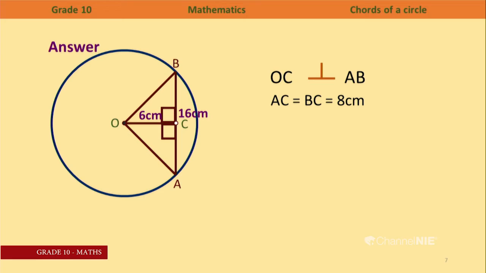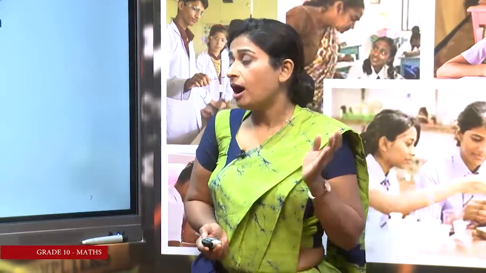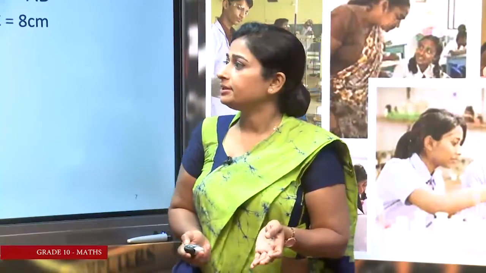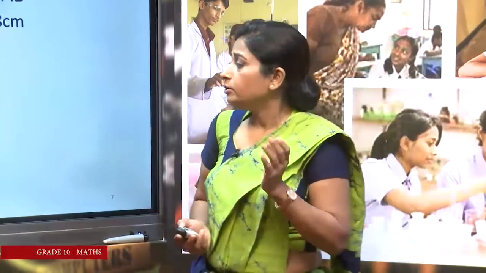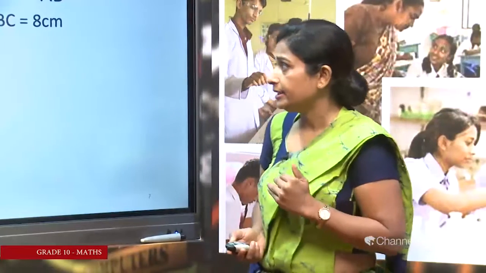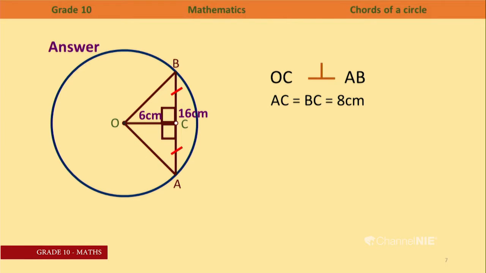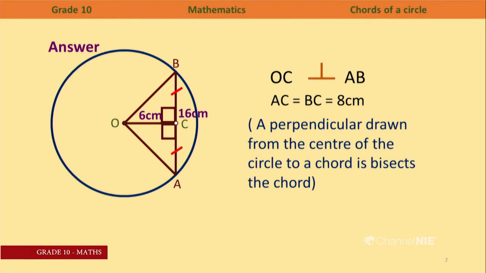Then we can say AC equals CB equals 8 centimeter. Why is it 8 centimeter? Because AB is the chord, and chord AB is 16 centimeter and half of that is 8 centimeter. Then you have the AC and BC lengths. We can mark them like that. Then you should find the OB length.